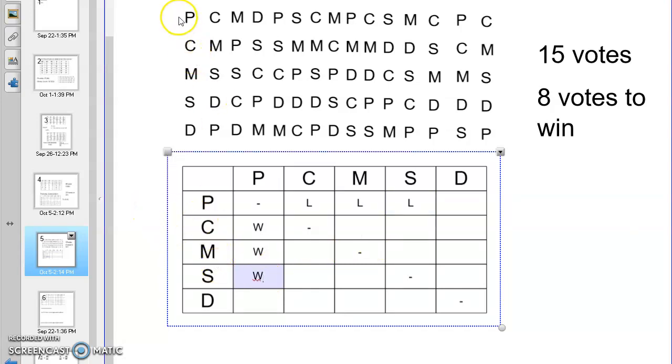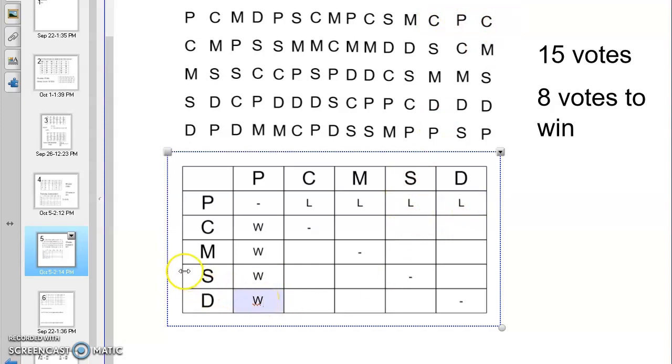And now D. P wins the first one, loses second, loses third, fourth, loses fifth, sixth, loses 7, and then it loses. So it actually loses every one of these.